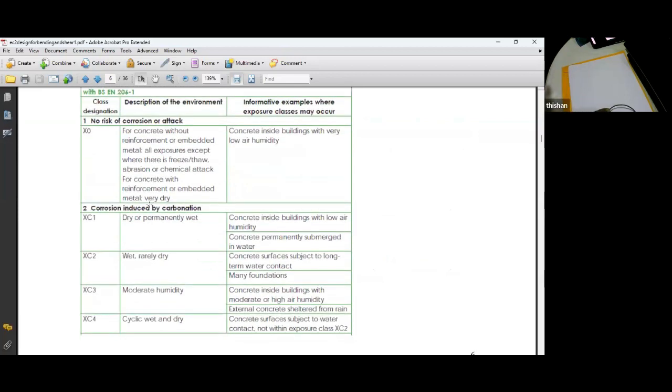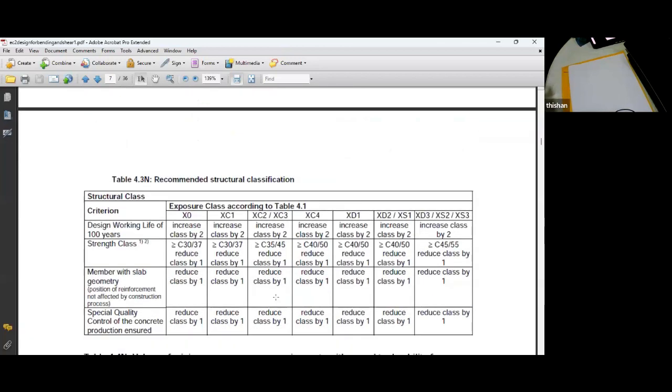cover conditions. And generally, our cover condition will be XC3, and XC4 can be for bridges, highway bridges. XC3 is the normal cover condition for buildings. And if you are using anything any less than C35/45, so if you are using C30/37, here you can't do any modification.